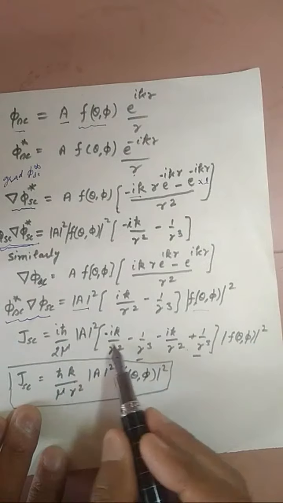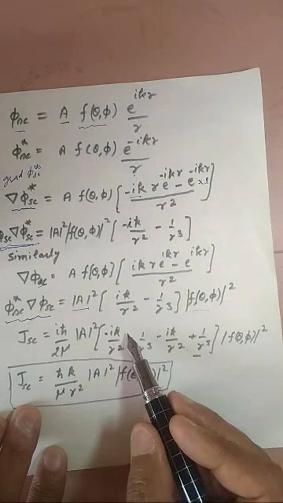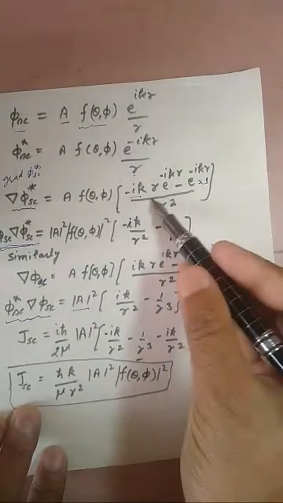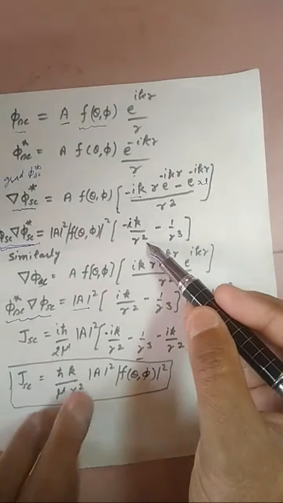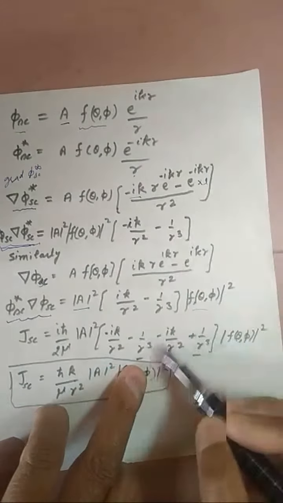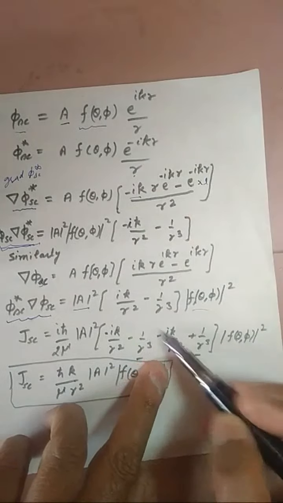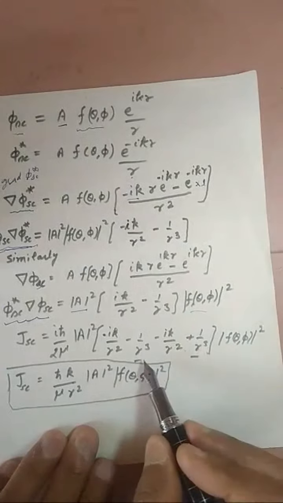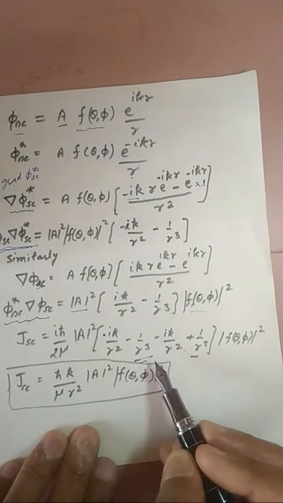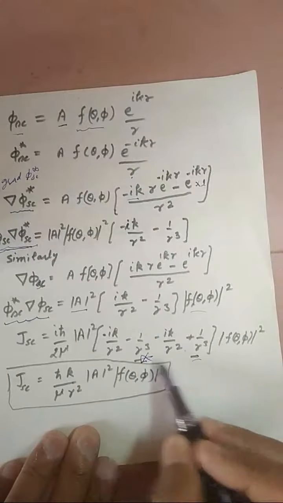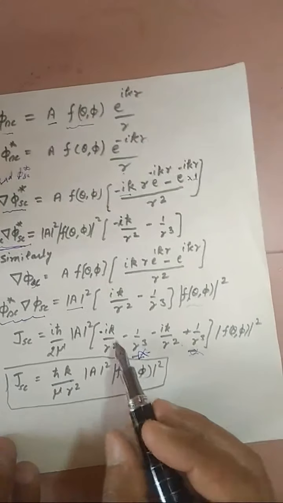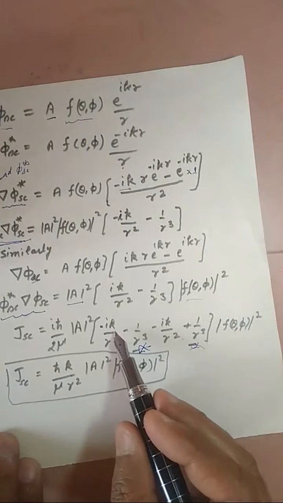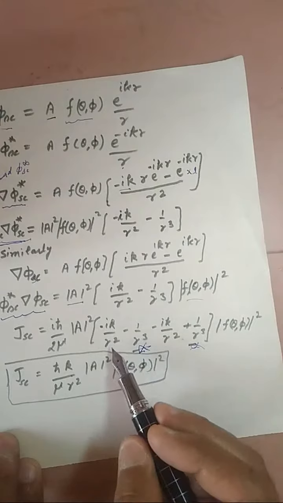This is k, and iota kr I will substitute here as minus iota kr, minus 1 by r minus iota kr square, minus minus comes out to plus. So these two terms will get cancelled with one another, and we are left with minus 2 iota k by r square.